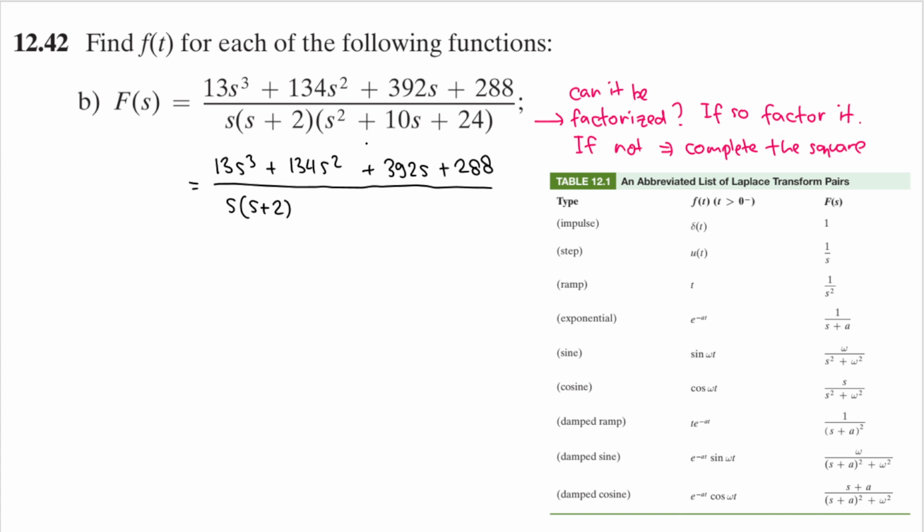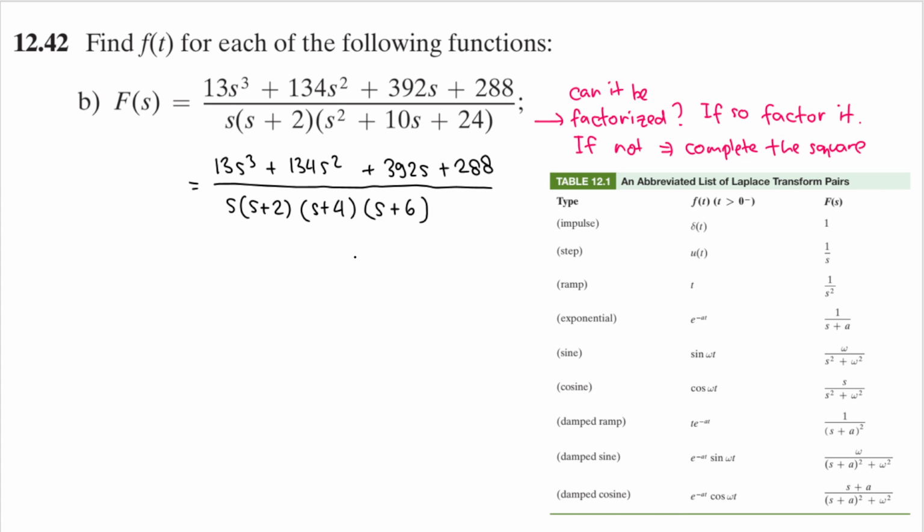Now we factorize this. We will have s plus 4 and s plus 6.